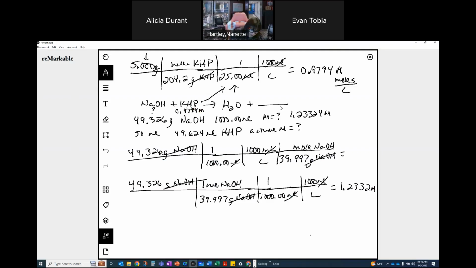I know that I used a 50 milliliter sample of NaOH, and I know that it took me 49.624 milliliters of KHP to do that titration, right? That's what it told me in the question.